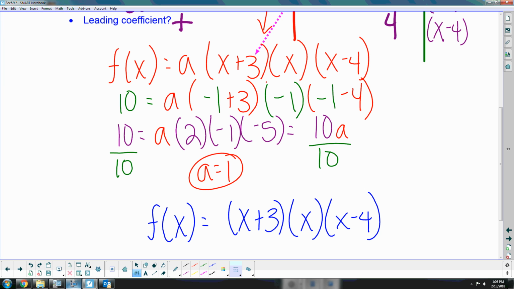We don't need to write 1 because it's multiplication, and if you multiply anything by 1, you have its product. That's the multiplicative identity, so we don't actually need to write that, it's implied.